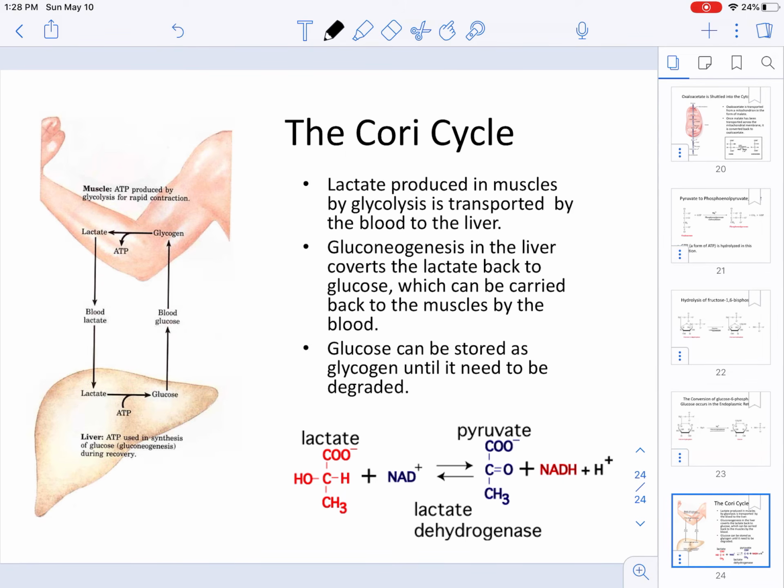And in the meantime, this also produces an NADH, which is a reduced form of a coenzyme that can later be utilized to make more energy once we get into chapter 19 and 20, where we discuss the TCA cycle and oxidative phosphorylation. As you can see on the left side of the slide, we have a diagram illustrating how the production of lactate cycles through the body to remake glucose.